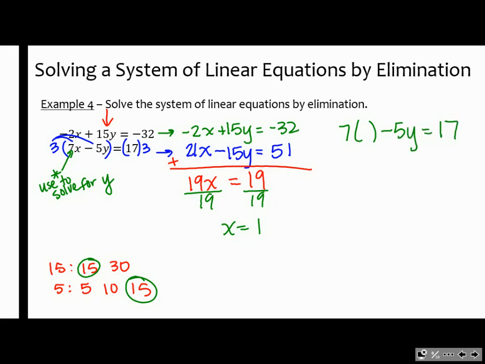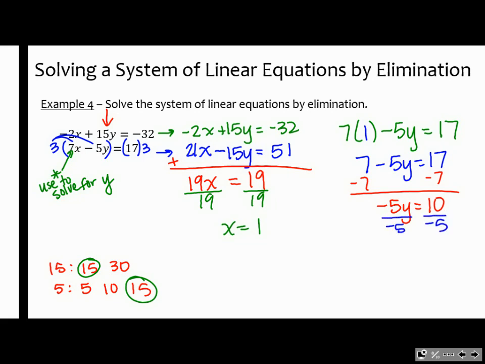So I used the original one, not the one that I changed using the multiplication property of equality. X equals 1, so the substitution, 7 times 1 is 7. Subtract 5y equals 17. The subtraction property of equality, subtract both sides by 7. We'll have negative 5y equals 10. And divide both sides by negative 5 using the division property of equality to get y equals negative 2.